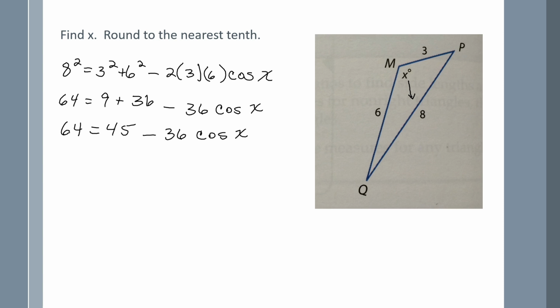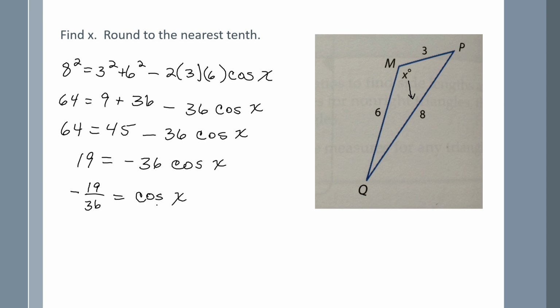So 64 minus 45 is 19 equals negative 36 cosine of x. Divide each side by negative 36. I got negative 19 over 36 is equal to the cosine of x.